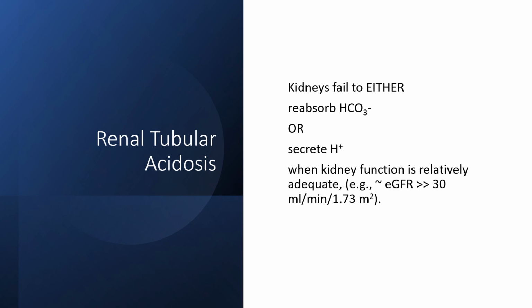We do not and generally cannot diagnose RTA as an isolated disease entity in patients with advanced kidney disease because at advanced stage, all kidney functions will be reduced, so of course, tubular function in maintaining acid-base balance will also be affected.